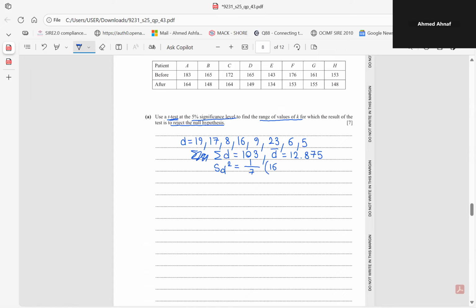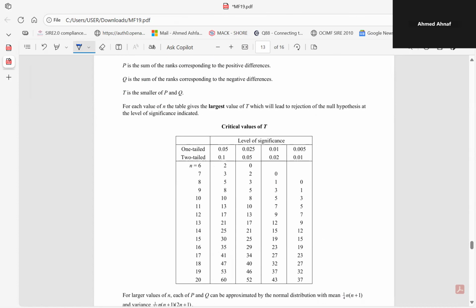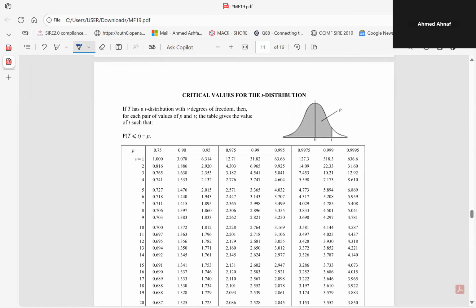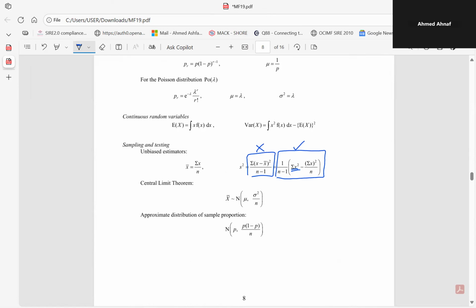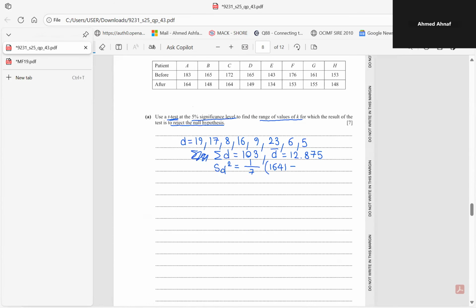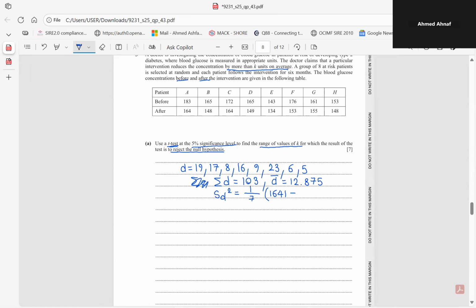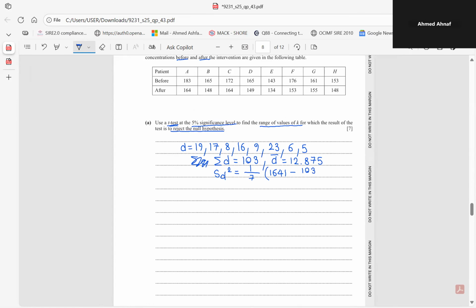Okay, 1641 minus... just check your formula sheet in the probability and statistics. Yeah, so this same formula, or you can use this formula, it's up to you for this question. So sigma x whole thing squared is 103 squared over 8.